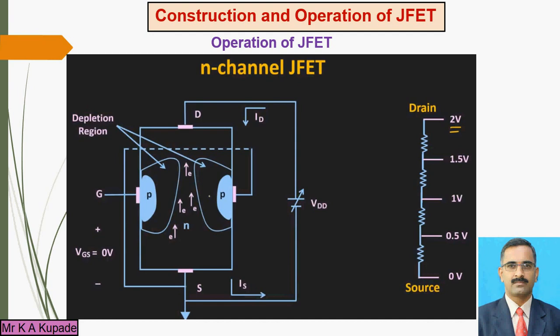Now, if you increase the gate to source voltage continuously and slowly, the depletion region gets wider from both sides, and they touch each other.